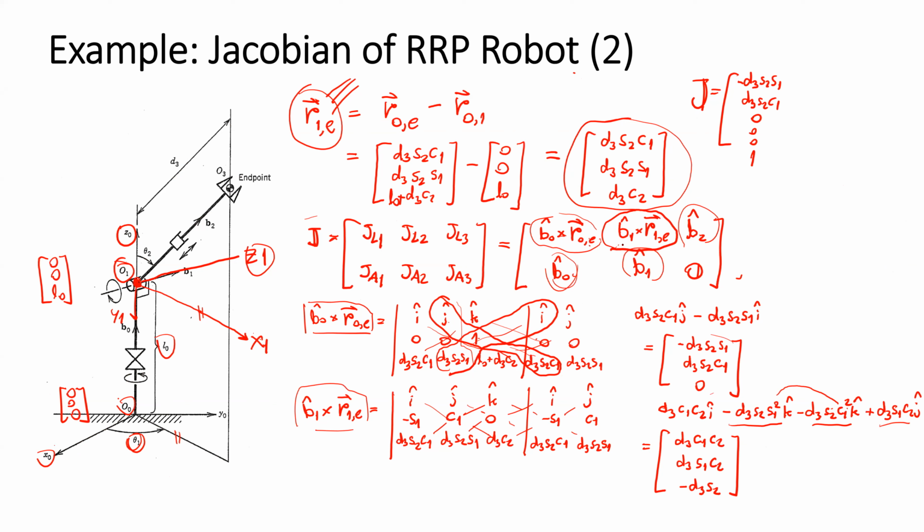And B1 cross the relative position vector will be D3 C1 C2, D3 S1 C2, minus D3 S2, and B1 will be minus sine 1, cos 1, and 0.